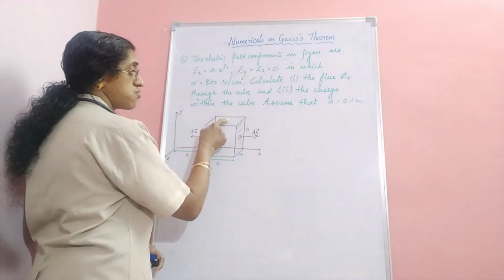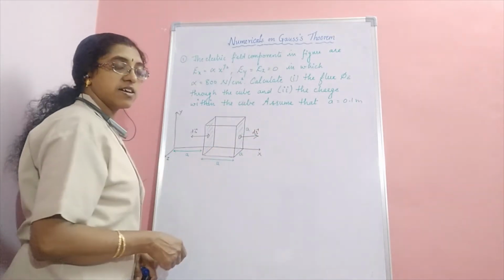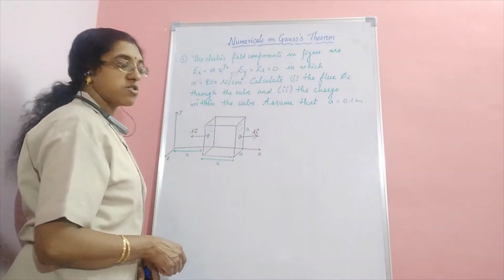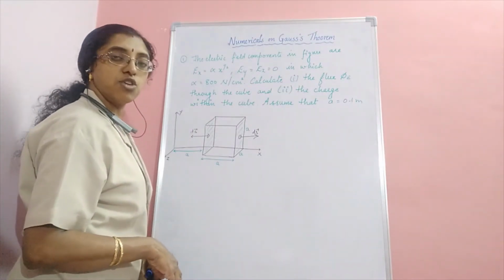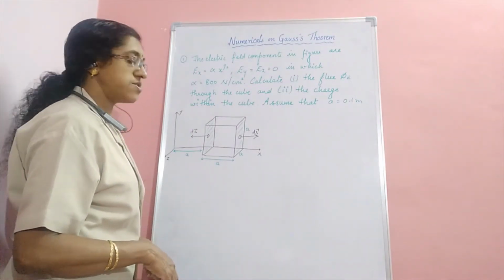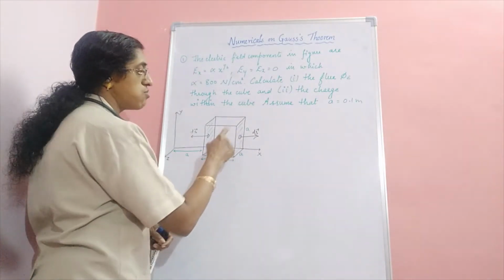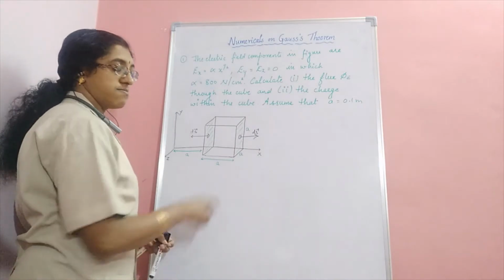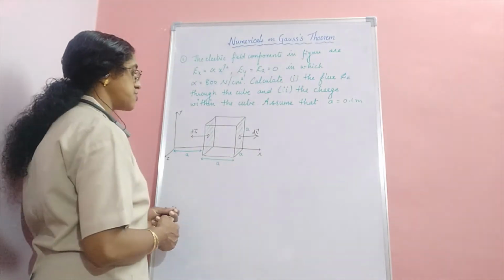The flux through the back side and the unshaded portions would be equal to 0, as there is no electric field along those directions. Hence, we'll calculate the flux for only the shaded portions.